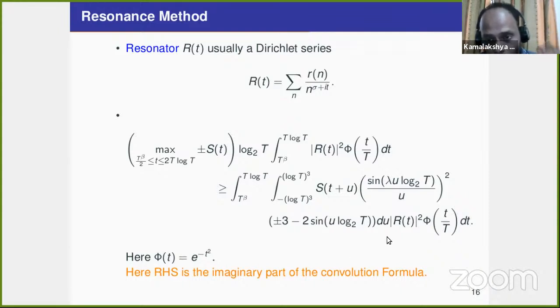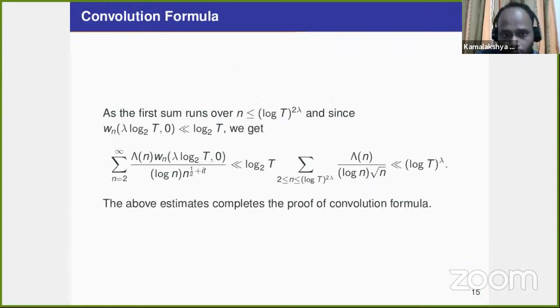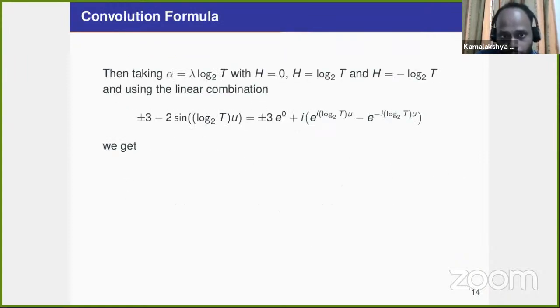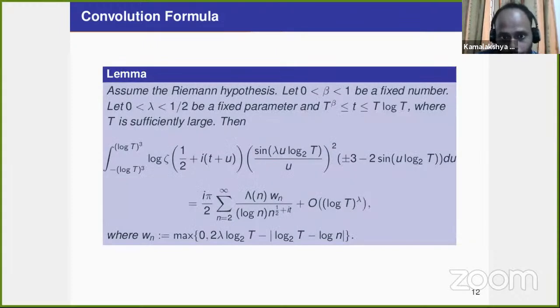If we take some n to the power anything and take a Fourier transformation of the Gaussian kernel, then it always gives a positive term, right? So that's why we'll always have positive terms when we integrate this right hand side with R(t) squared phi(t) by t dt. When we take the imaginary part, we'll just keep this i, and we'll have this series integrated with R(t) squared phi(t) by t dt. Okay.